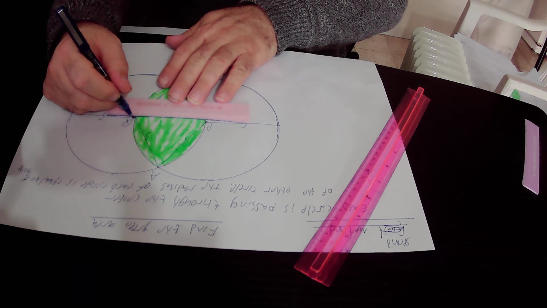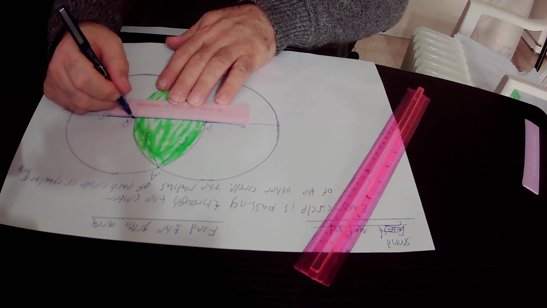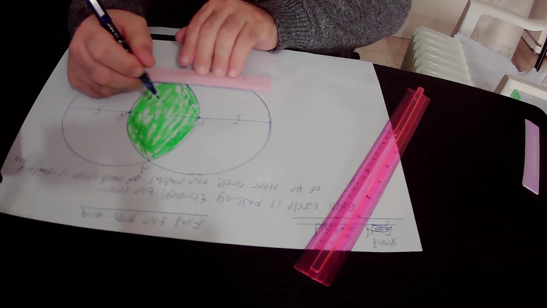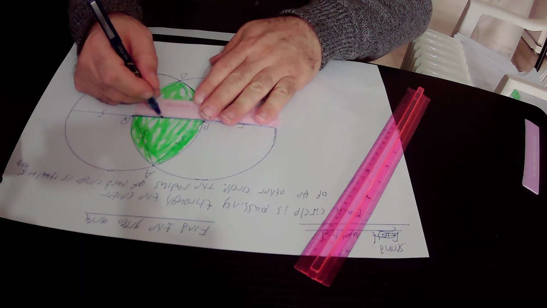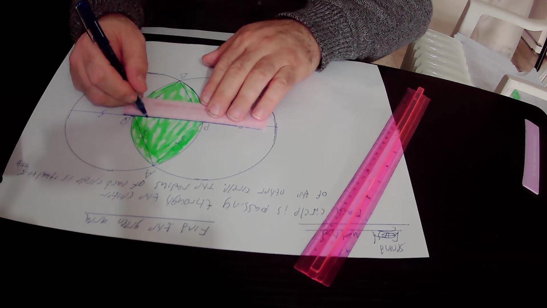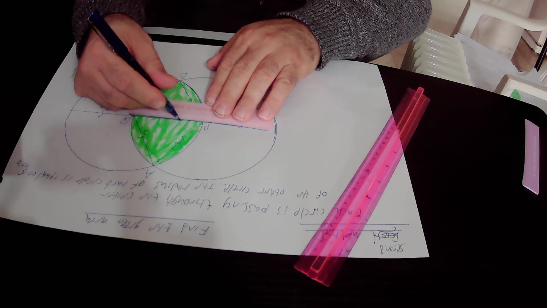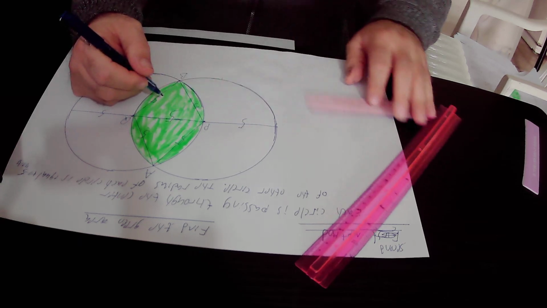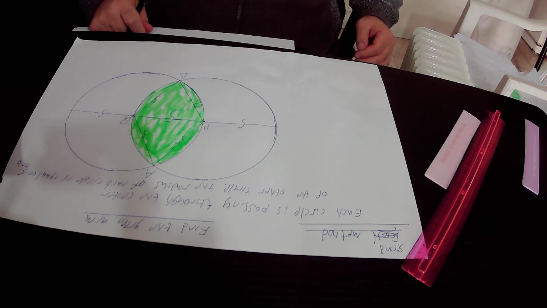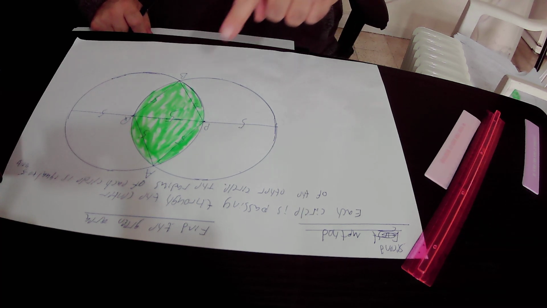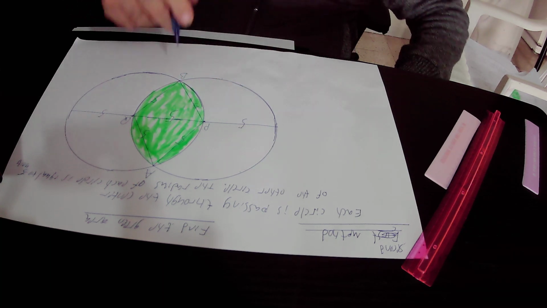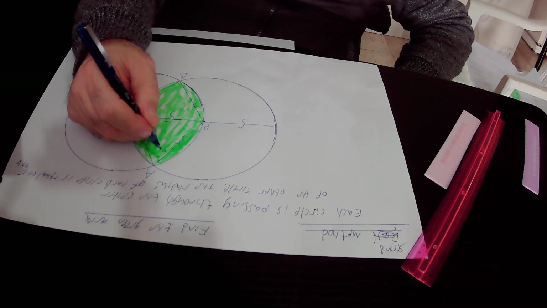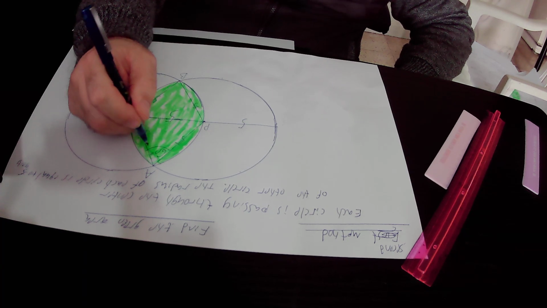PQ is actually the radius of this circle, that is to say it equals 5 units. So as you can see here, triangle APQ is an equilateral triangle, that is to say all of its angles are equal to 60 degrees.